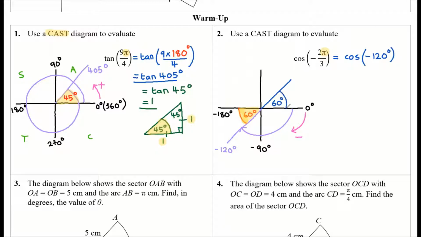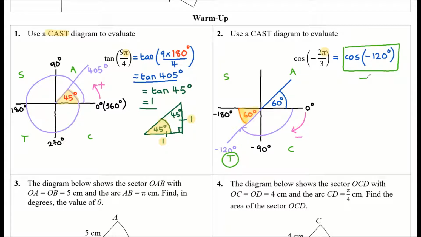One thing I've forgotten to do is to label the quadrants. So it's C, A, S, and T. Notice that negative 120 is in the tan quadrant where tan is positive. So we know that this value here must be negative.